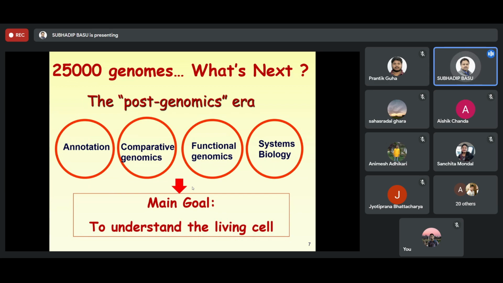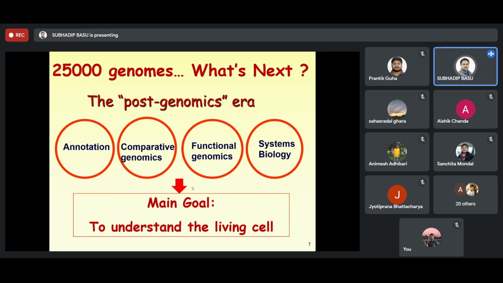So, okay, we have the human genome project, we have the 1,000 genome project, we have decoded 25,000 genomes, but just decoding the genome will not solve the problem. So it is said that we now live in a post-genomic era. Initially, there was a huge thrust in the genomic studies. Now the shift is slowly moving towards the post-genomic segment. Transcriptomics and proteomics are gaining momentum.